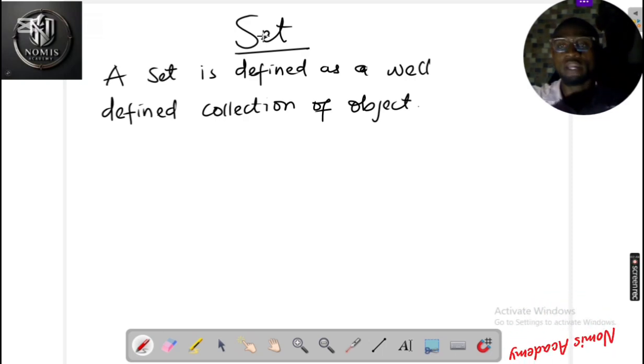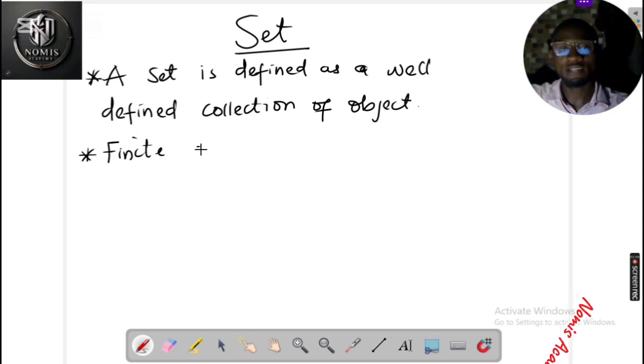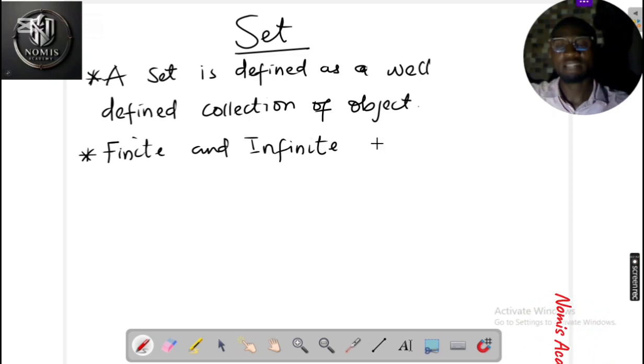So let us begin to look into some things we should know about sets. First of all, we should learn about finite and infinite sets. So what do we mean by finite sets? A finite set is a set that has limited members.